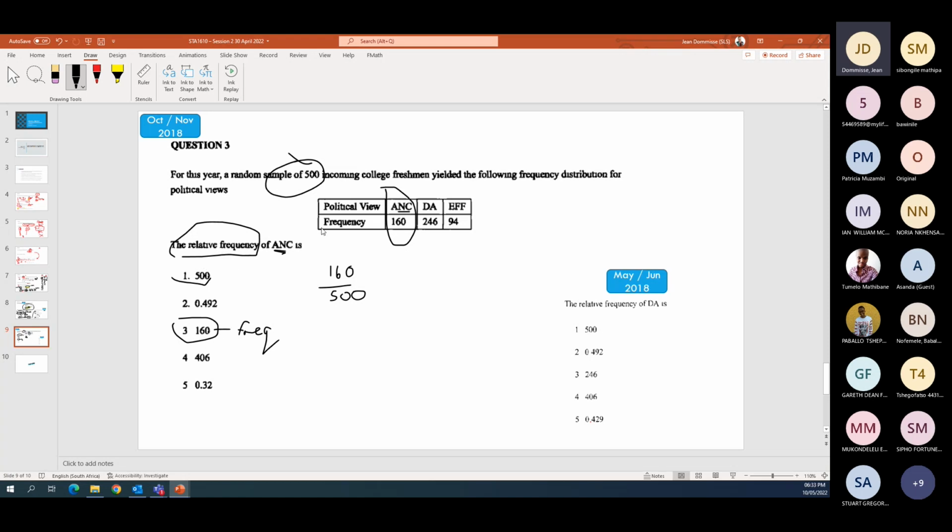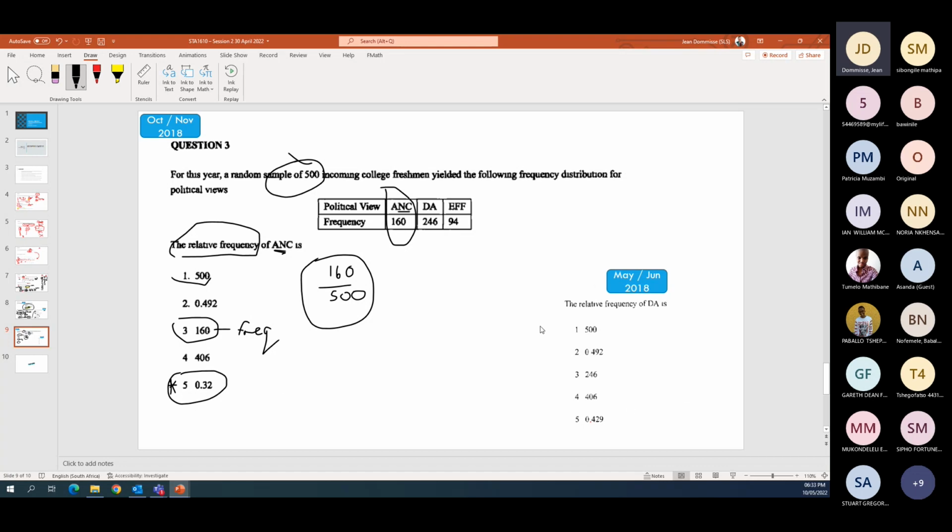Because we're asking relative frequency, you need to work out what is 160 divided by 500. And that answer will most likely be 0.32, but let me just quickly check. 160 divided by 500 is 0.32. Okay, so in this instance, that would have been your correct answer.